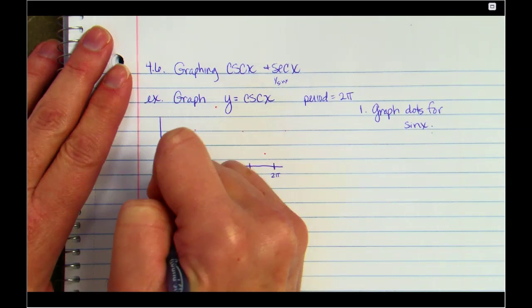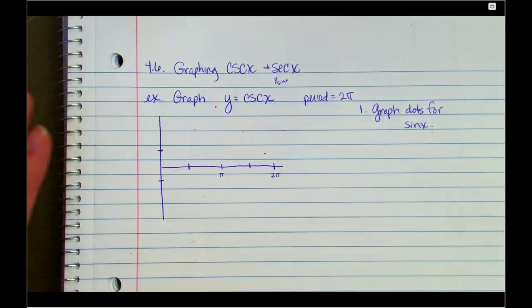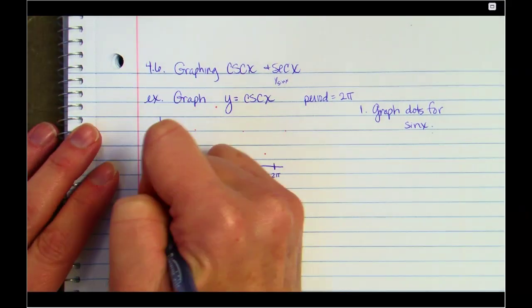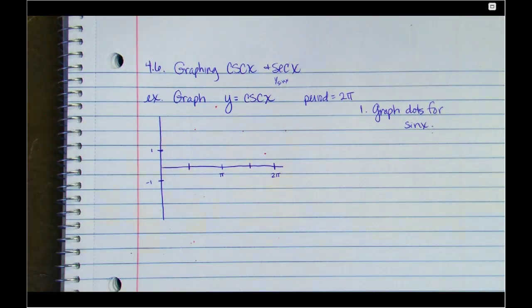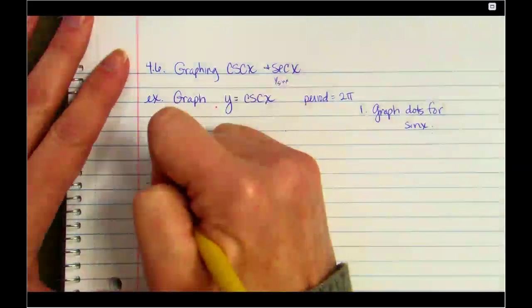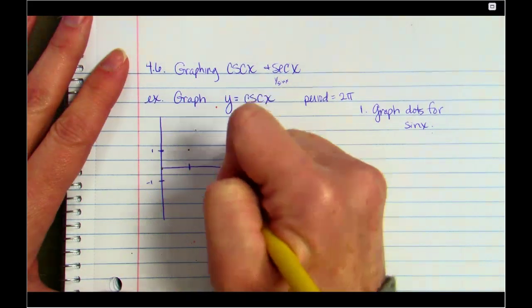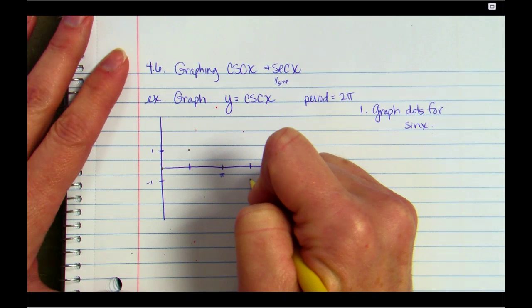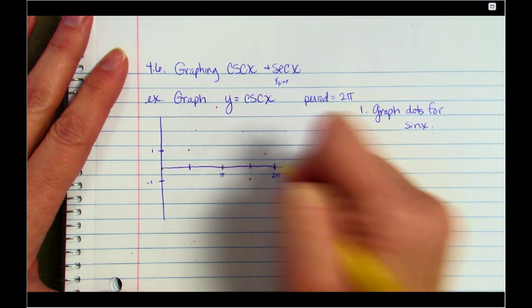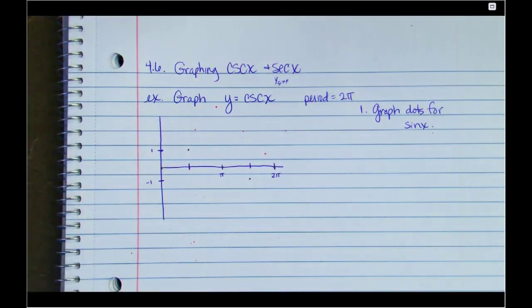Sine goes from 1 to -1. It goes from 0 to 2 pi. So we know sine goes here. Okay, so there are my dots. You can't see them very well because 3 of them are in the line.